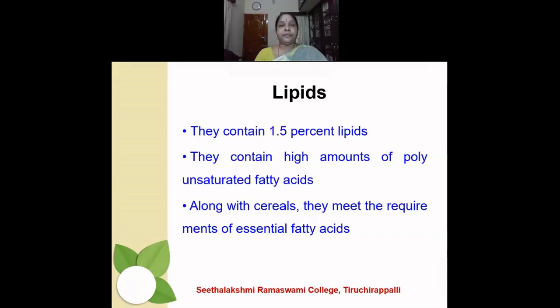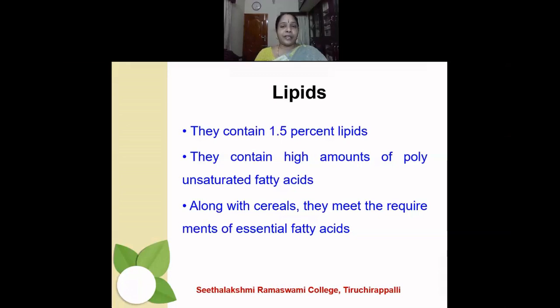And the unsaturated fatty acids are further classified into polyunsaturated fatty acids and monounsaturated fatty acids. And here the pulses contain more polyunsaturated fatty acids. Along with cereals, they meet the requirement of the essential fatty acids.